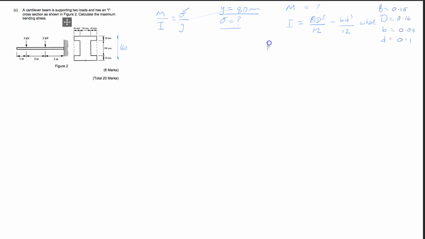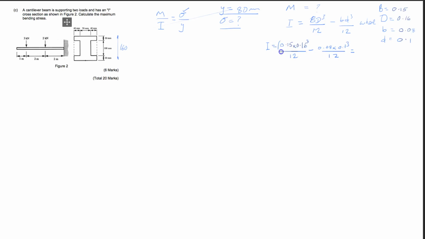So I is equal to 0.15 times 0.16 cubed over 12, minus little b 0.08 times little d 0.1 cubed, divided by 12. Try and stick that in your calculator all in one.